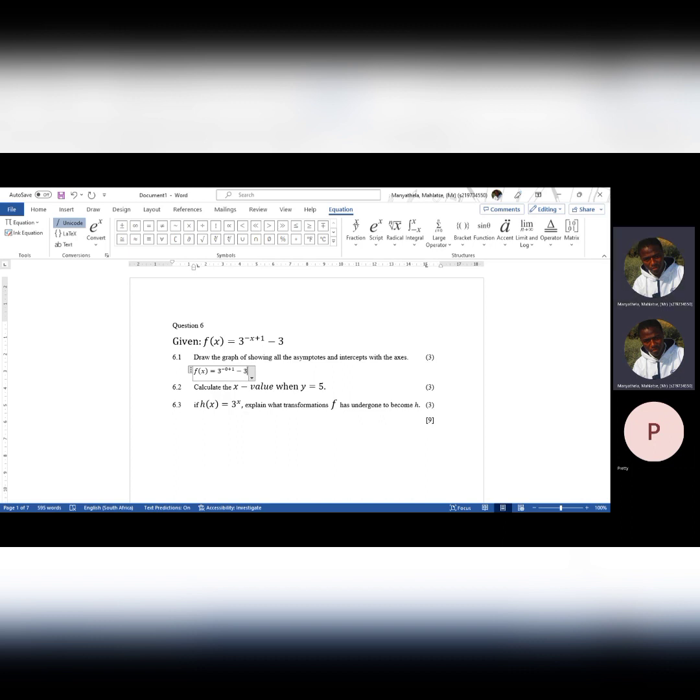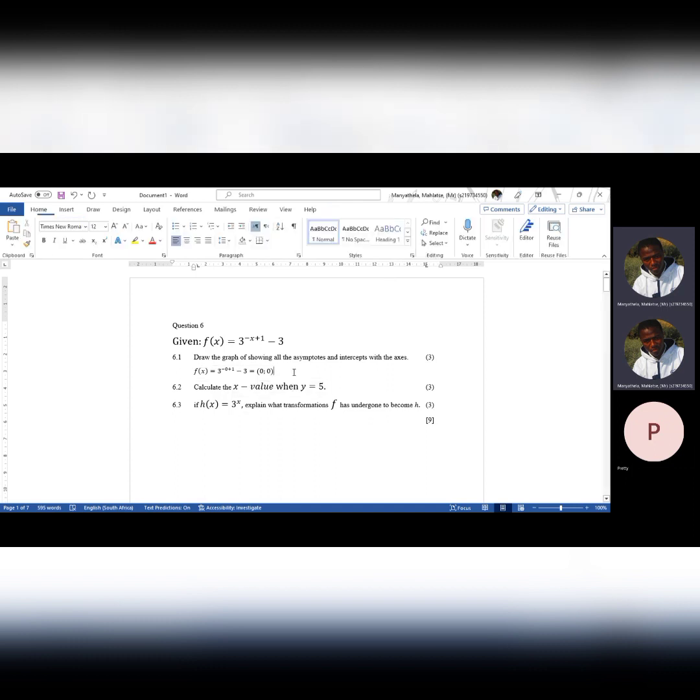It gives me 0 on my side, meaning that the y-intercept has the coordinates 0 and 0.